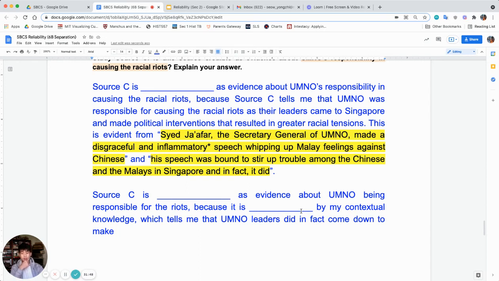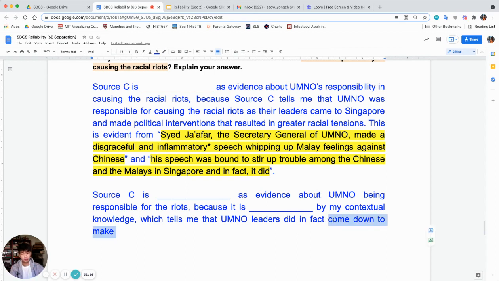In this case you are stuck. I'm stuck because our contextual knowledge is very similar to the source. How does the examiner know that you are not just copying from the source? It means that you must come up with knowledge outside of the source to support the source. Means I cannot just talk about Syed Jafar and his speeches really. So what else can I say?